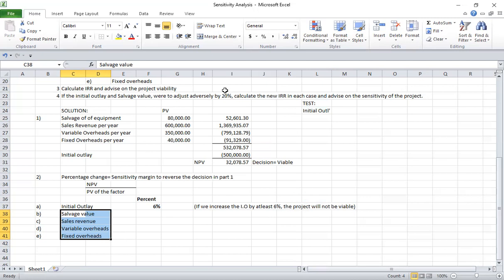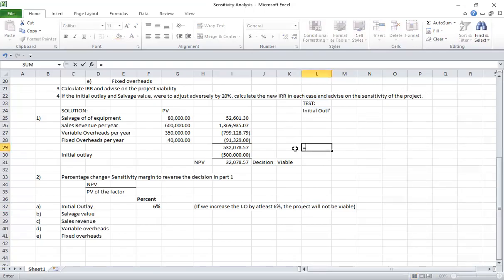If these are the values for all the factors, when we change the initial outlay, which is this figure, the 500,000, everything else remains constant. Everything else does not what? Does not change. That means that the total present value for the other factors remains at this 532.